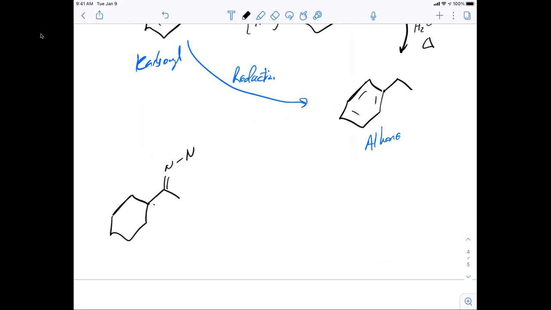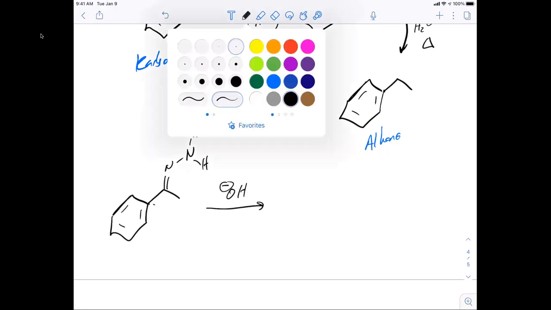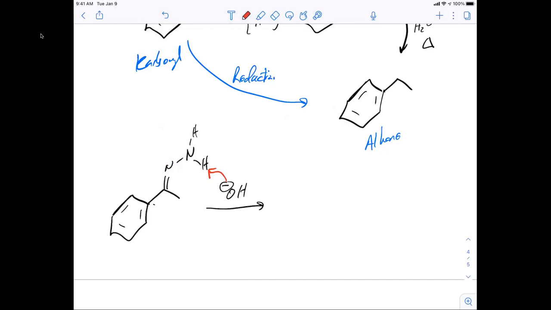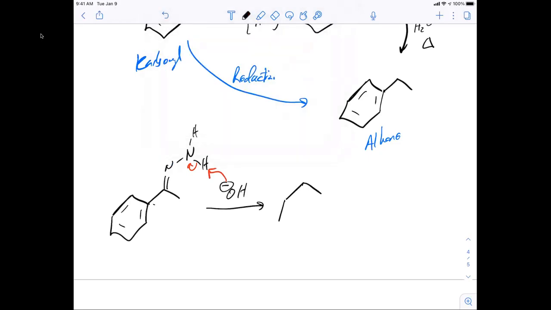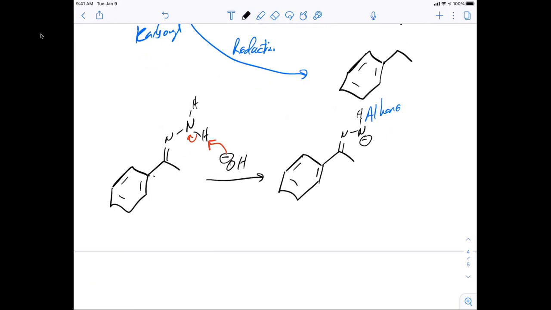So we have our hydrazone. And we're going to put it in a strong base solution. Okay, so the first thing we're going to have is a proton transfer, right? So acid-base reaction. Those electrons are going to go back to the nitrogen. Then we're going to get another proton transfer.